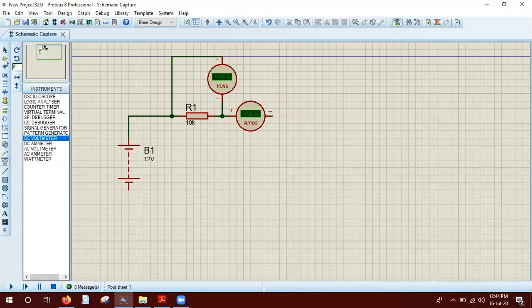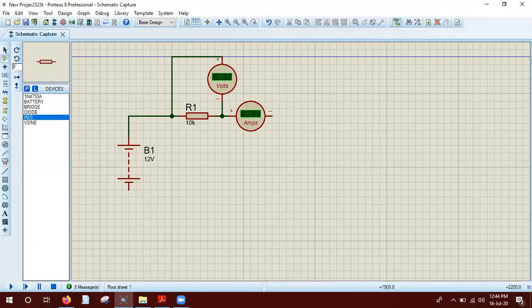Let me connect one more resistor. This is the load resistor. Let me rotate it clockwise and connect it here. I want to see the current across this resistance.